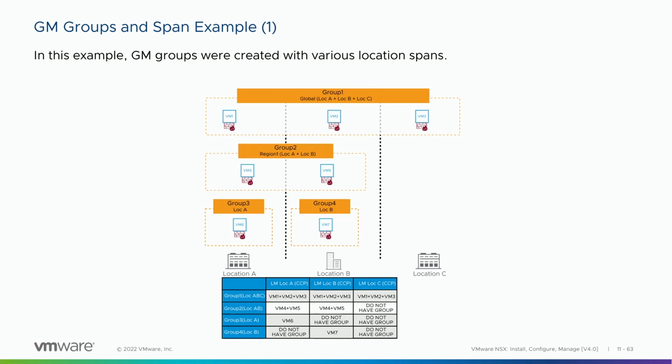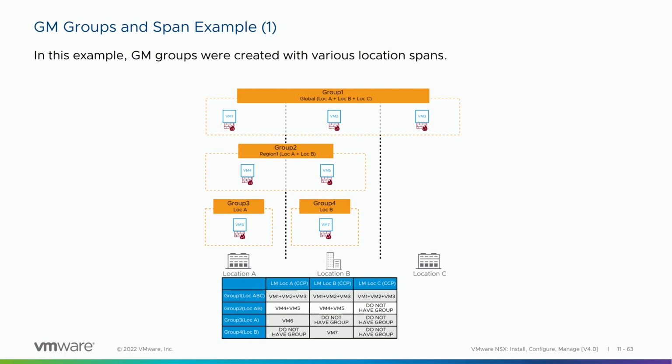So we've got different ways to span our different groups, and we see the table down below that says here we have this group and here we don't have the group, and so on and so forth. Again, based on the region value and whether or not a given location is included in that region.